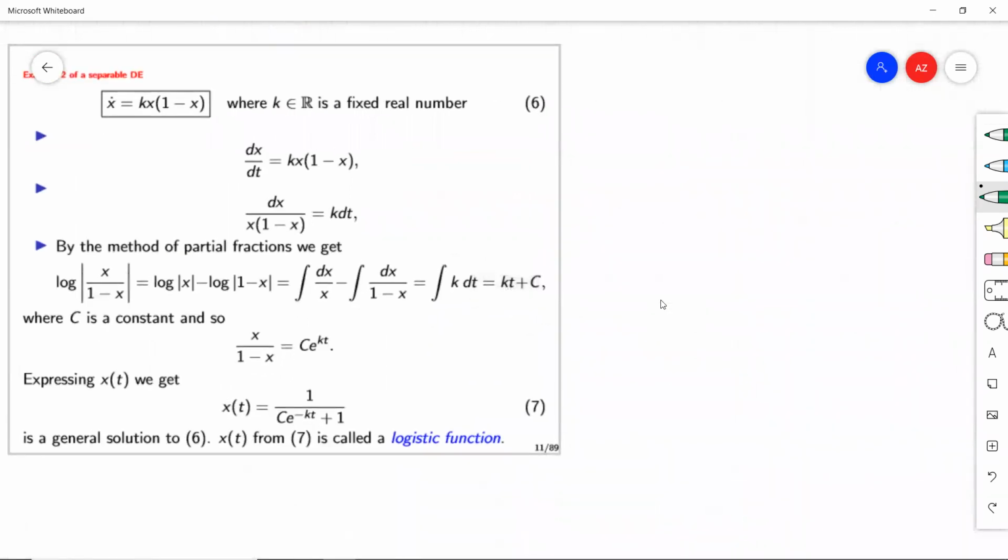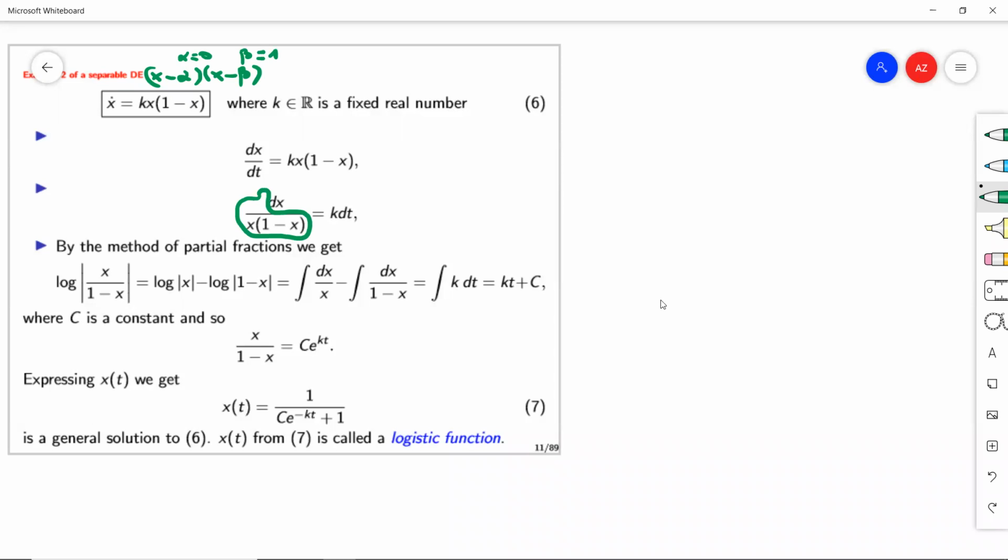I will let you think for a moment or two how you would integrate such a function. So this is only a specific example, but the same method applies even if we had here x minus alpha and x minus beta. Here we have alpha is 0 and beta is 1 in this example. And so we have kx times 1 minus x. We separate variables and we have to integrate this rational function 1 over x times 1 minus x.